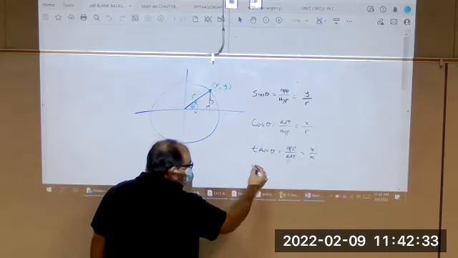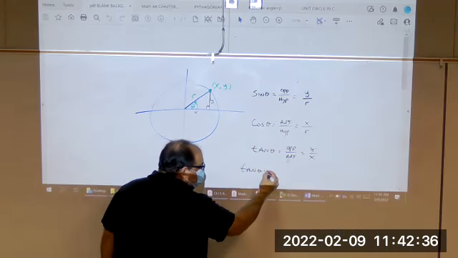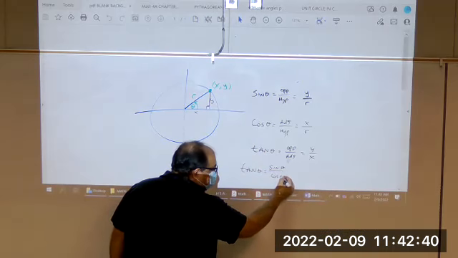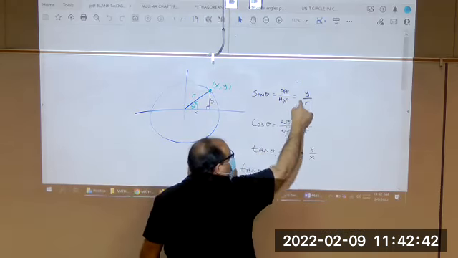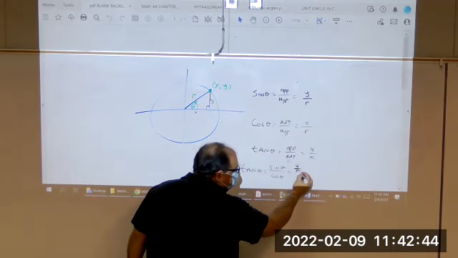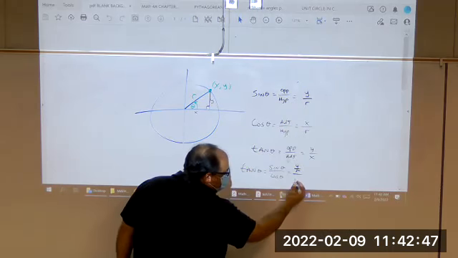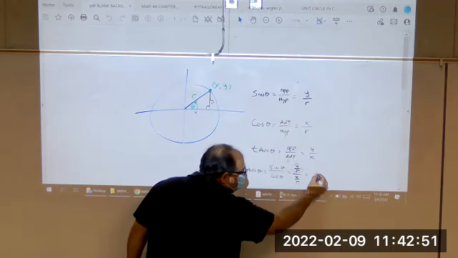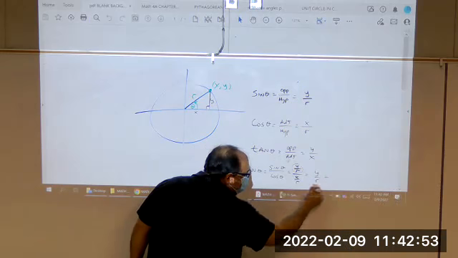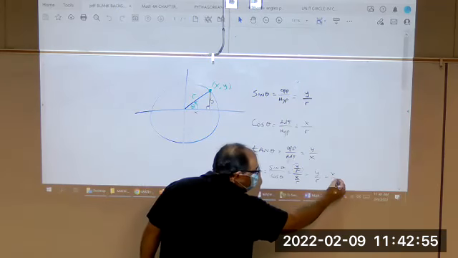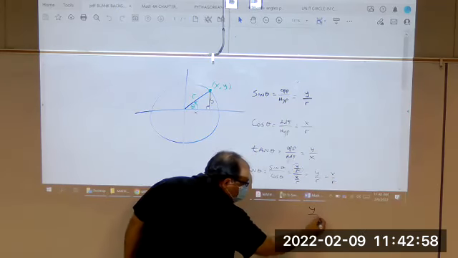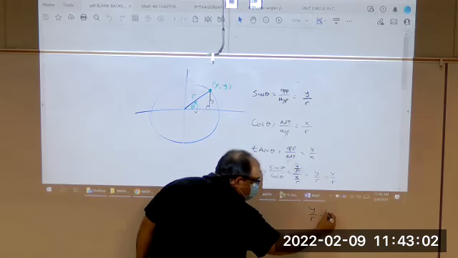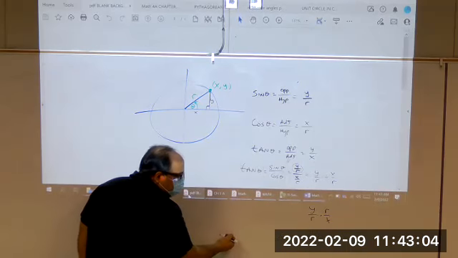But even if you did tangent theta as sine theta over cosine theta, the sine is y over r, the cosine is x over r. If you're taking y over r and dividing by x over r, that means you're taking y over r and multiplying by the reciprocal, which is r over x.